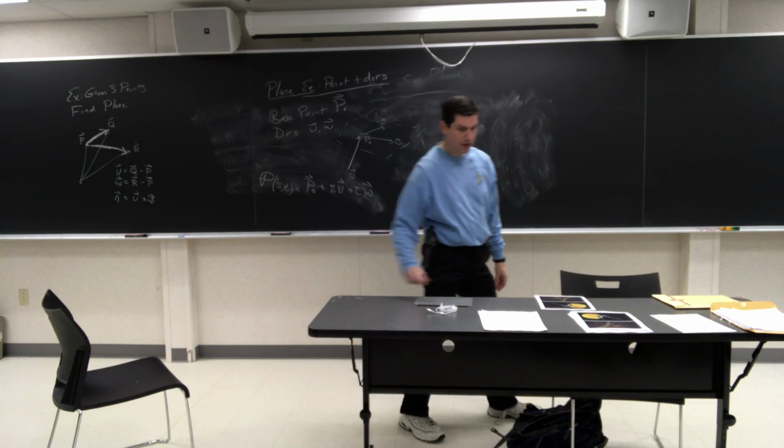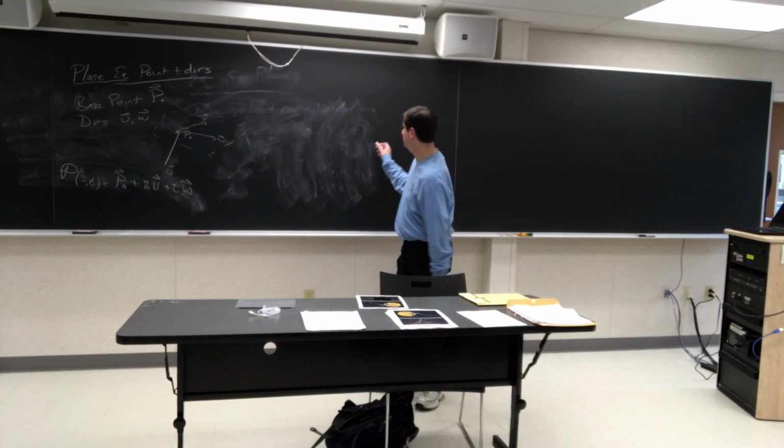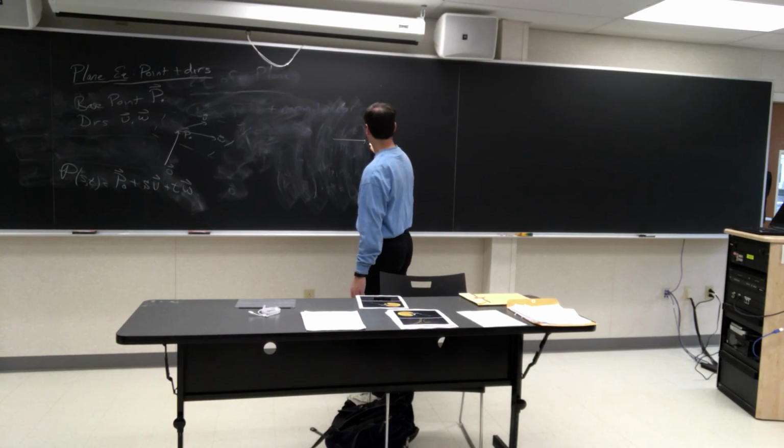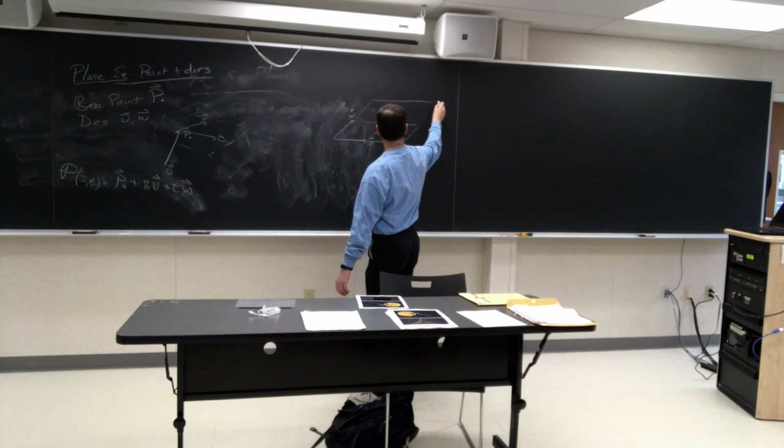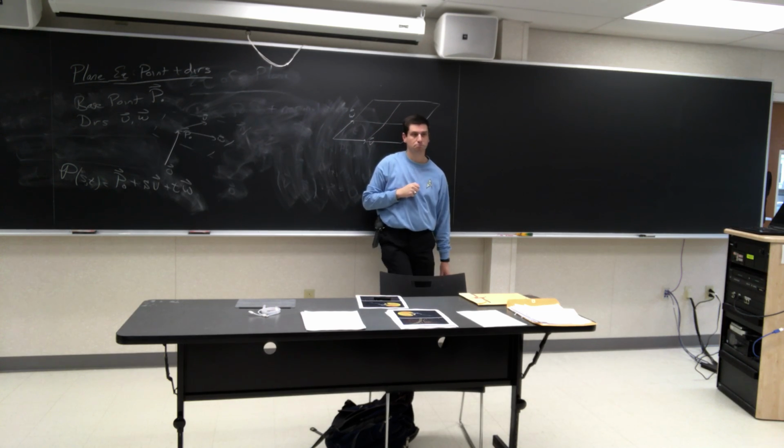So if I have, say, V like this and W like this, I would just be getting something that looks like this. Perfectly fine coordinate system. So depending on the problem, sometimes you want different coordinate systems.